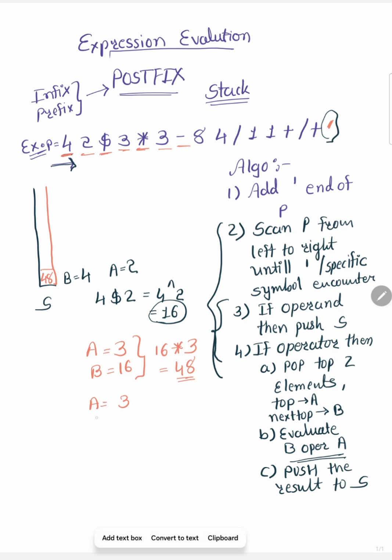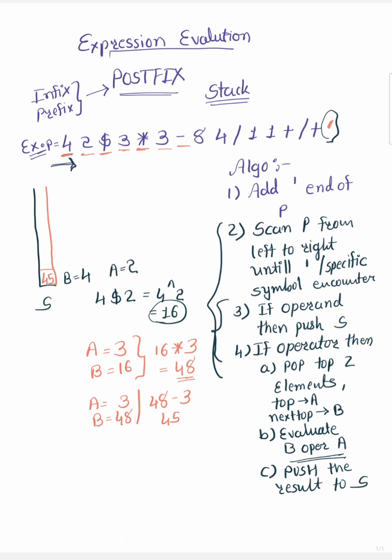And this B is 48. I need to perform B operator A. So 48 minus 3, so I'm getting 45, that I need to push it over here again, so I'm getting this 45, right? Now next is what?